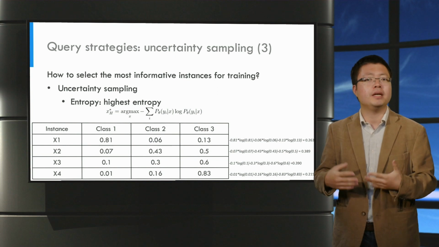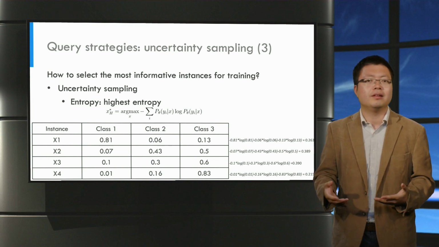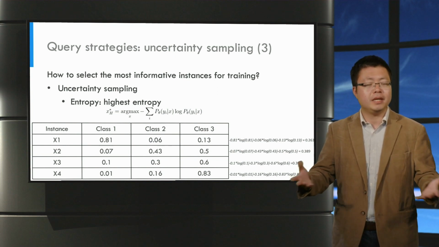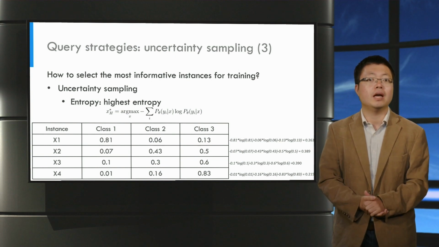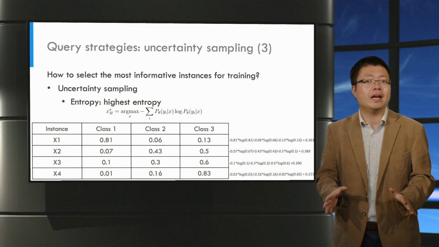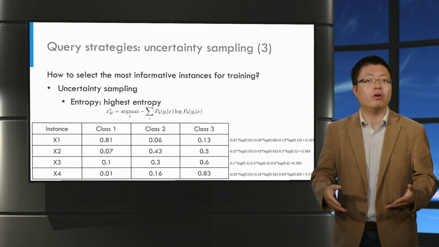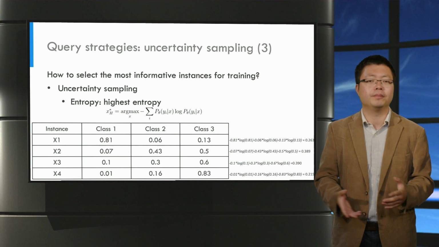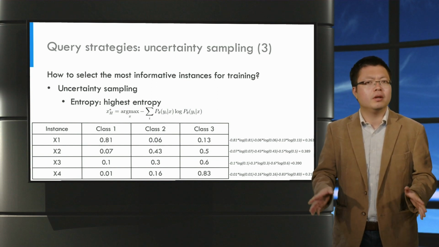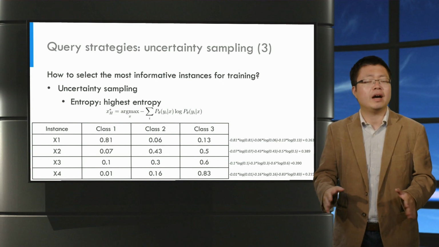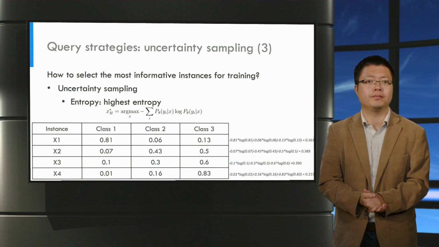Entropy is an informative theoretic measure that represents the amount of bits needed to encode a distribution. As such, it is often thought of as a measure of uncertainty or impurity in machine learning.